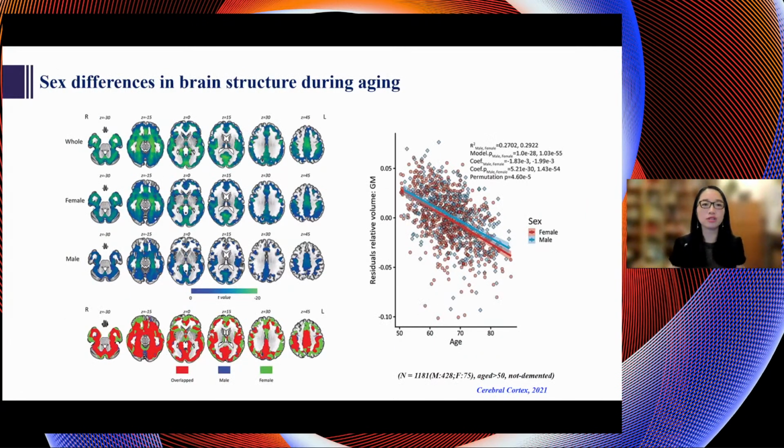And the other very interesting study we published last year looked at gender differences, or sex differences, in how they relate to brain structure during aging. We found atrophy in the whole region, but female subjects have a larger atrophy area compared to male subjects, and also a greater slope of atrophy volume decrease.